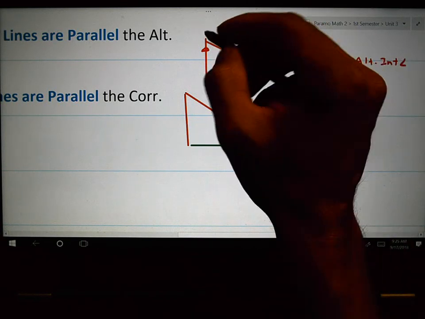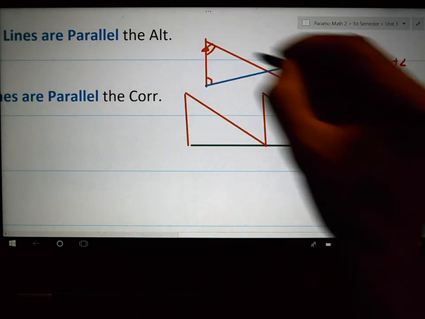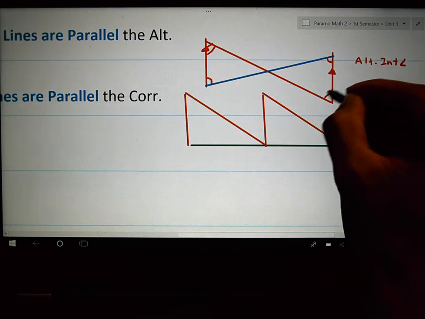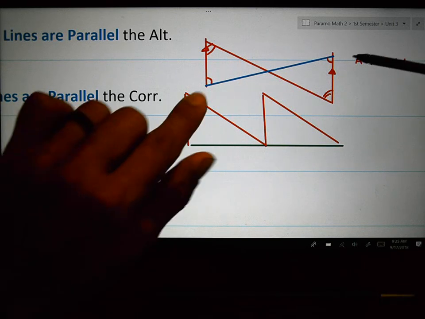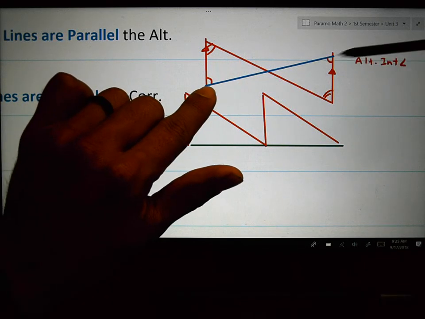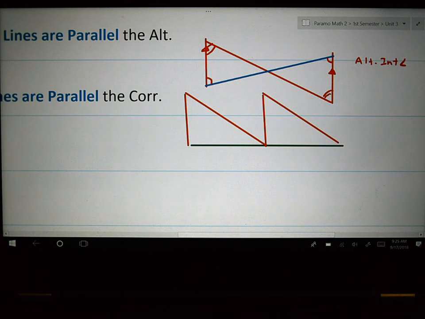And so I could either use those two single arcs or I could use the double arc and the other double arc that are congruent to each other because of alternate interior angles. I want you to know that both pairs are congruent to each other. These single arcs are congruent to each other and the double arcs are congruent to each other by alternate interior angles. That is the first way you would see it.